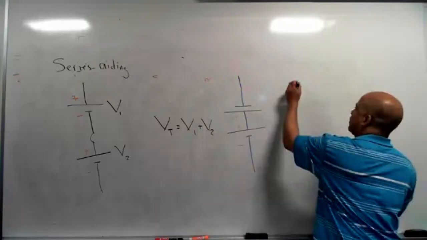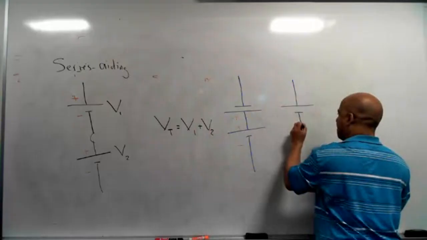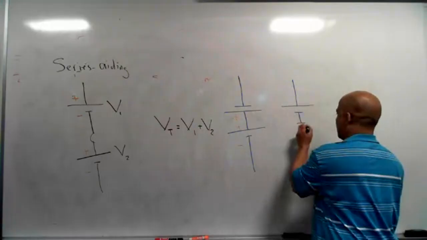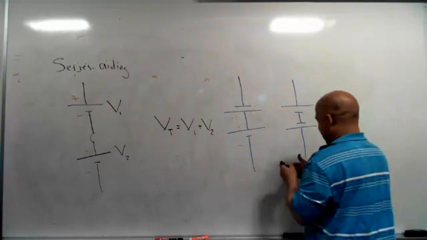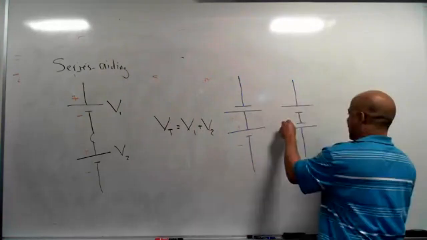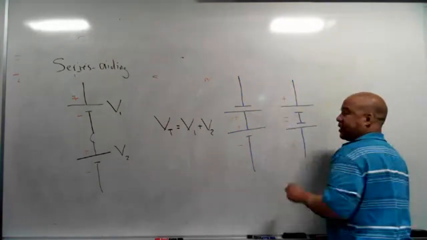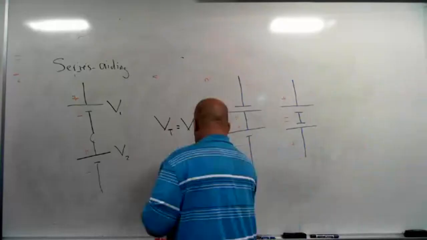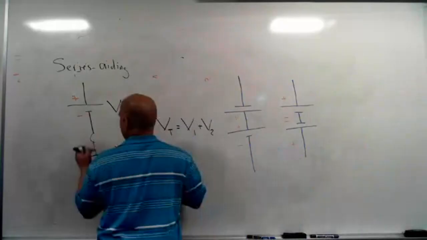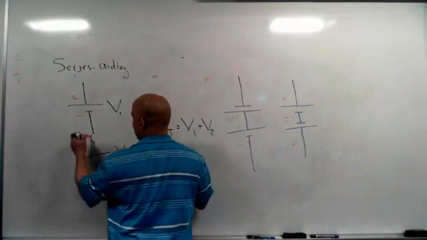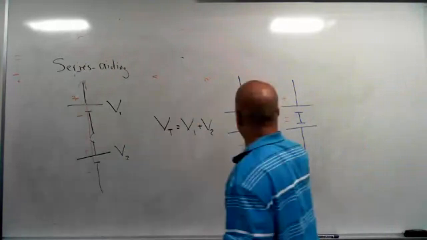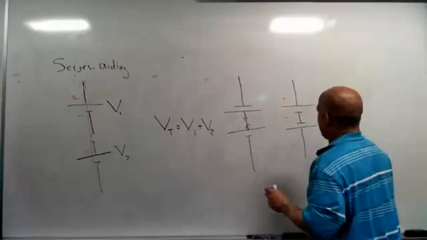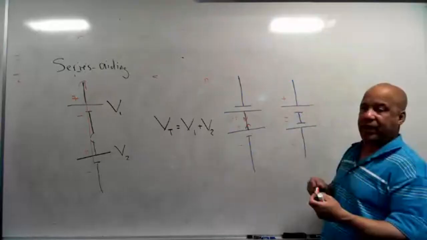I can have the 2 minuses facing each other, and then I would have a minus and the 2 pluses on the outside like that. Now the way to think about this is, remember current, conventional current flows like this. It'll flow out of the positive terminal into the negative like that. Well, if I have it like this, that means this is pushing current this way, and this is pushing current that way. And this was the same way. I got current going the same direction.